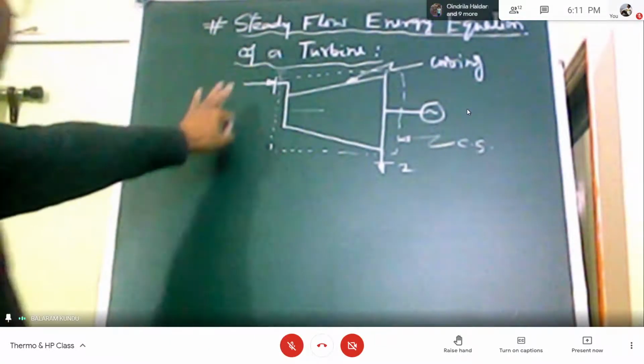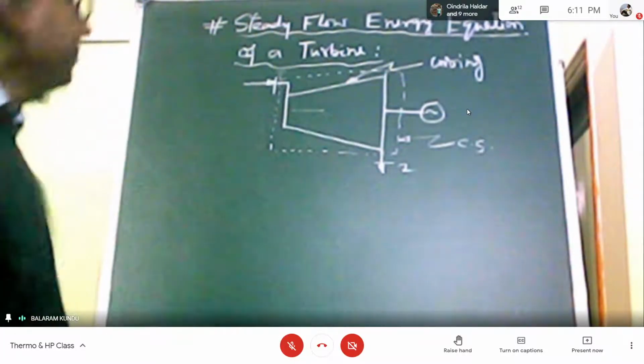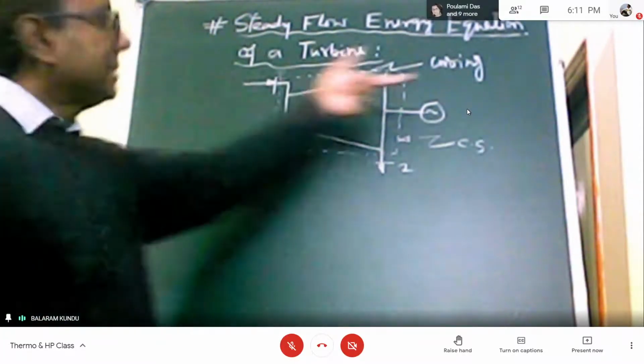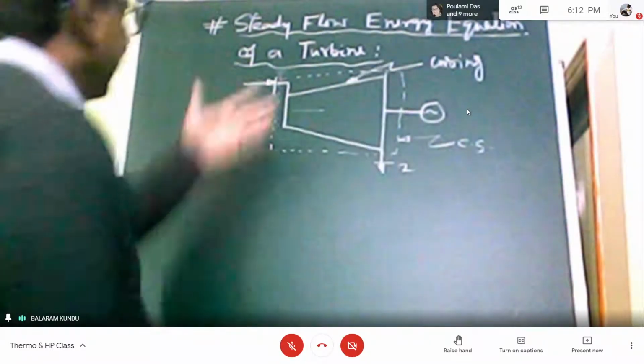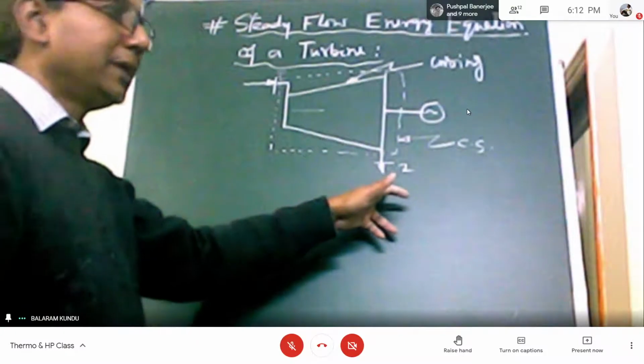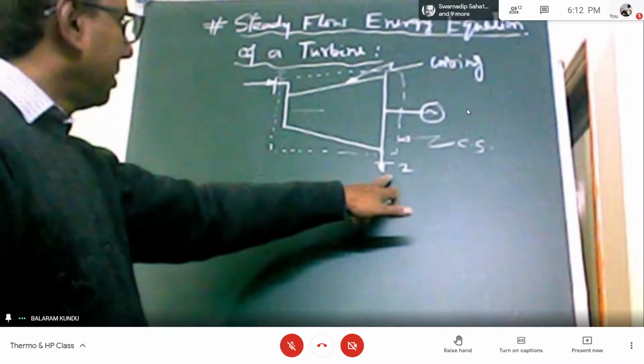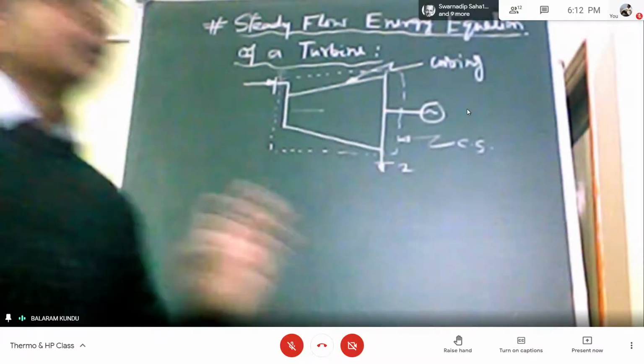Now here, this is the inlet section of the steam, and in the axial direction the steam pressure gradually reduces, and here is the exit section of the steam, which is the minimum pressure of the steam. That pressure is called the condenser pressure.